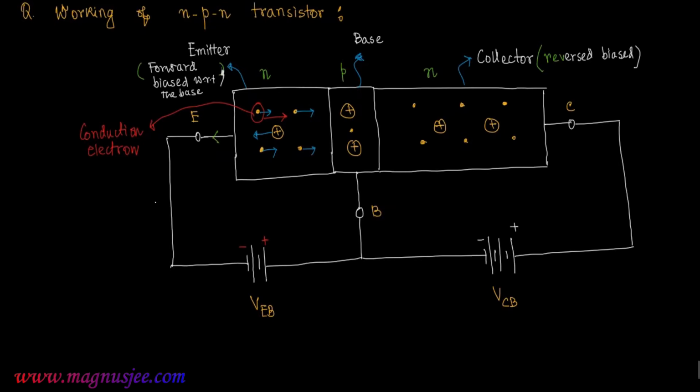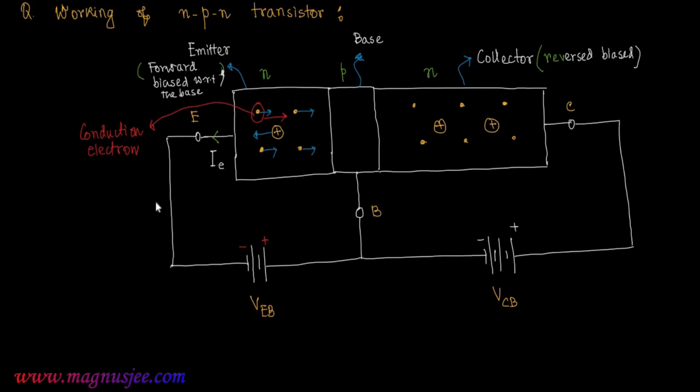So obviously the emitter current IE will be flowing away from the emitter, because holes are flowing towards the left.